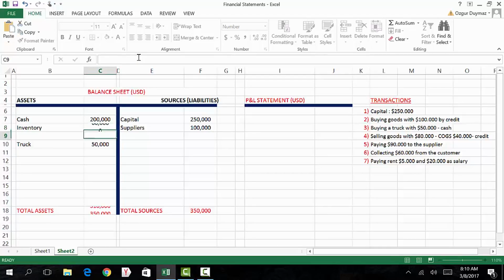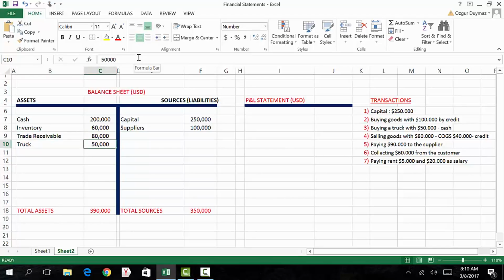And our sales amount is $80,000, but we didn't collect it yet. I mean, this is a kind of receivable. What kind of receivable? It's a trade receivable. It means our customer will pay it next time, not right now. It was $80,000.